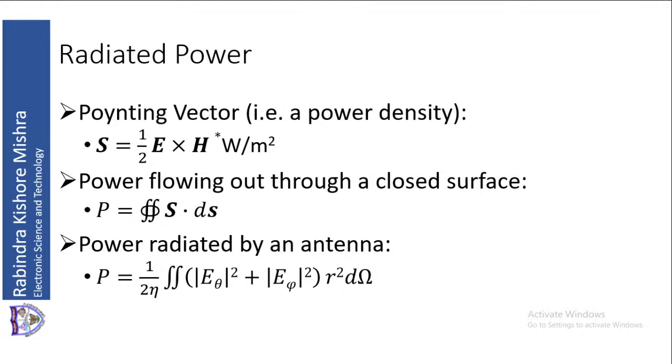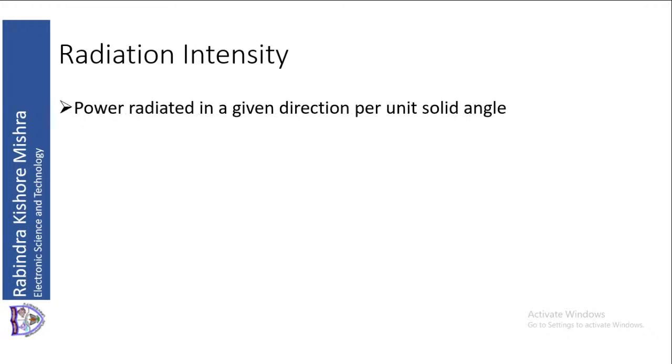So if you know the field of the antenna, the E theta field and E phi field, you can find out the power radiated by the antenna. Once you know the power radiated, we will define a quantity called the radiation intensity of the antenna. What is radiation intensity?